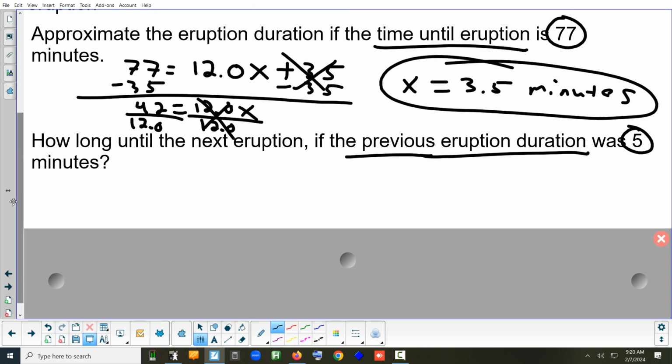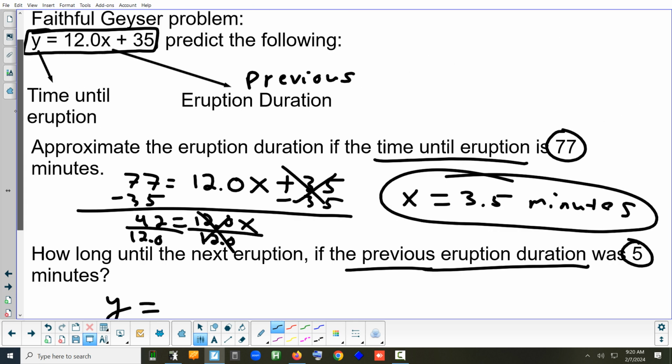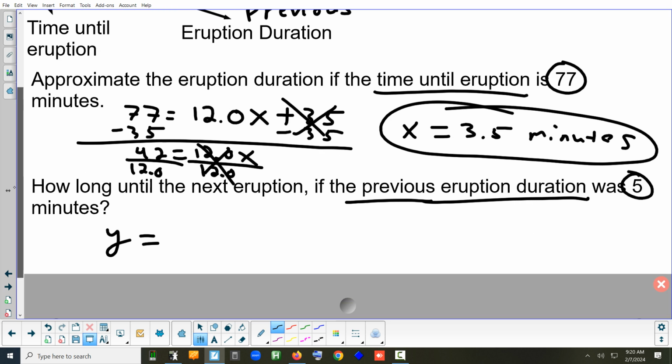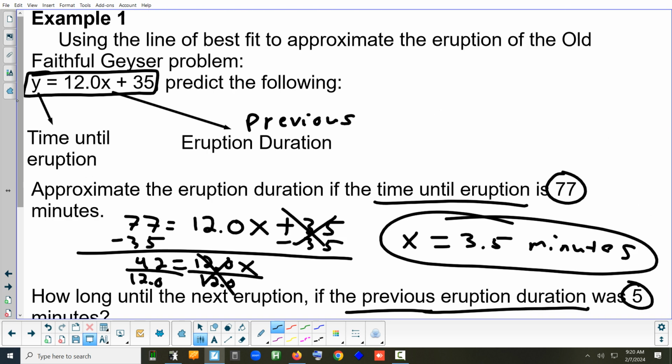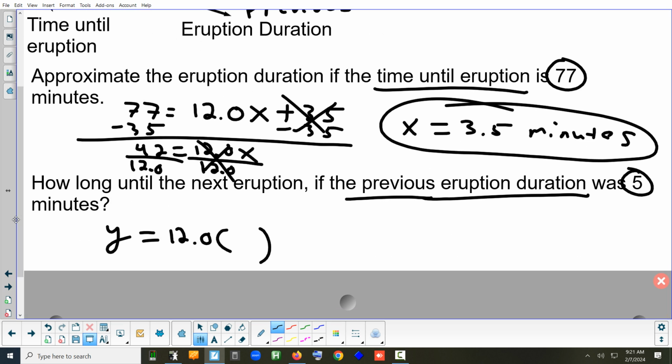Y equals 12.0 times x, the previous duration. Okay, what was the previous eruption duration here? 5. So fill in 5. And what goes on the end of the formula? 35. Yep, plus 35.